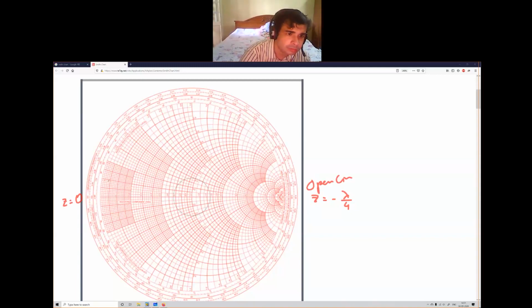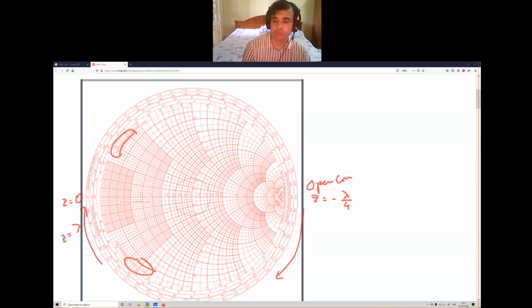Here it is inductive. Okay. If we move further down, we go to the capacitive reactance part, and at Z equal to lambda, we come back to the open circuit.